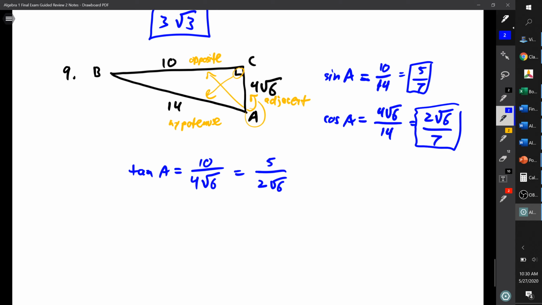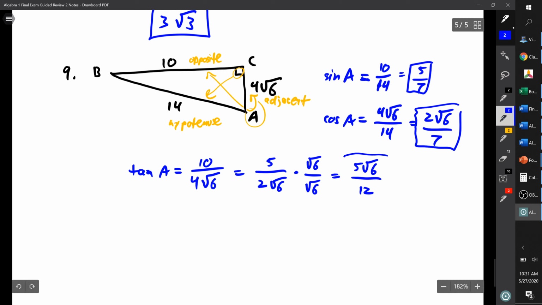But I'm not supposed to leave a radical in the bottom, so I need to multiply this by √6 over √6. So that will give me 5√6 over, well, the √6 times √6 is 6, so 2 times 6 is 12. 5/12 does not simplify, so that is my final answer. Okay, that is numbers 8 and 9.